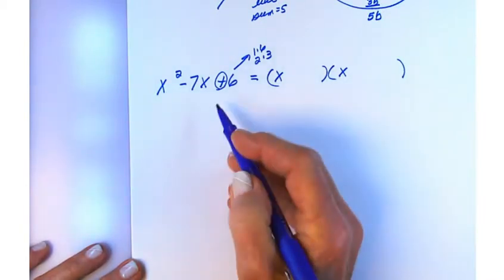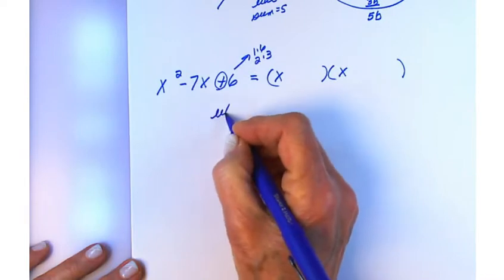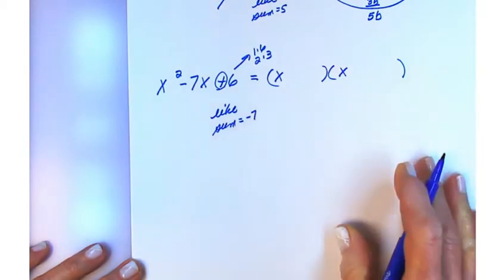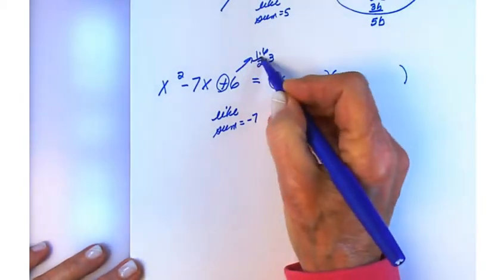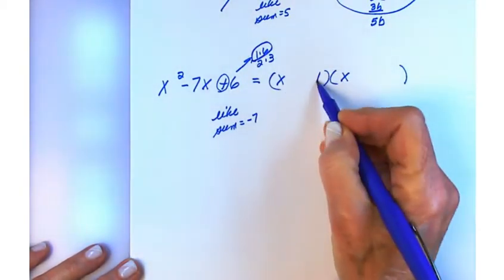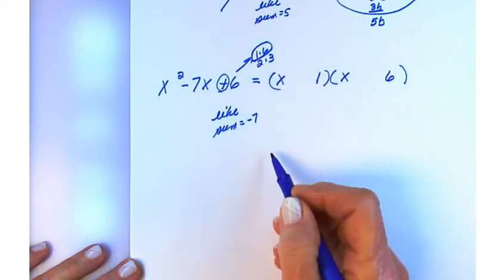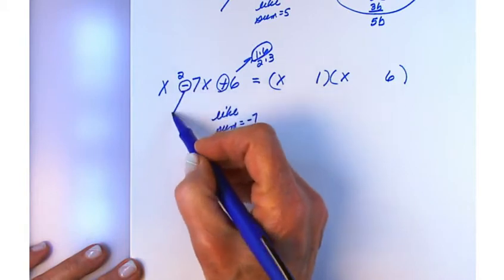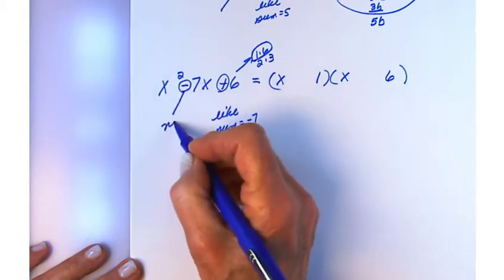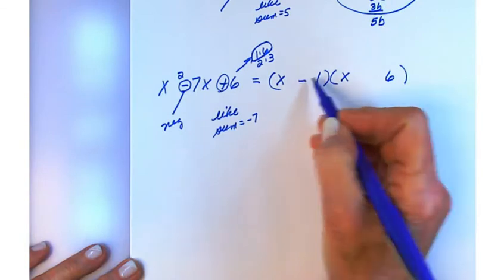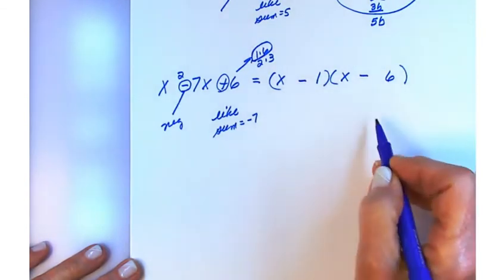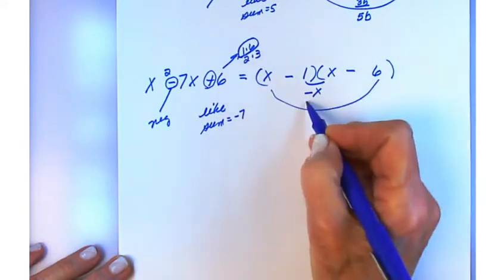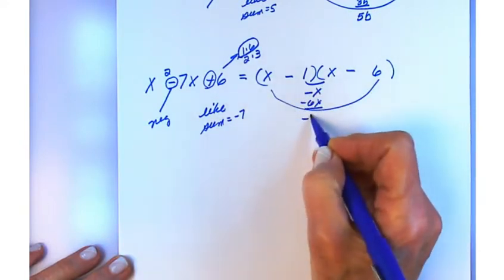So in order to have like signs, I need a sum equal to minus 7. So 1 plus 6 is 7. I'm going to put a 1 in and a 6 in here. I look at my middle sign. It tells me I want negative signs, minus and minus. Check my scoops. Minus x minus 6x gives me minus 7x.